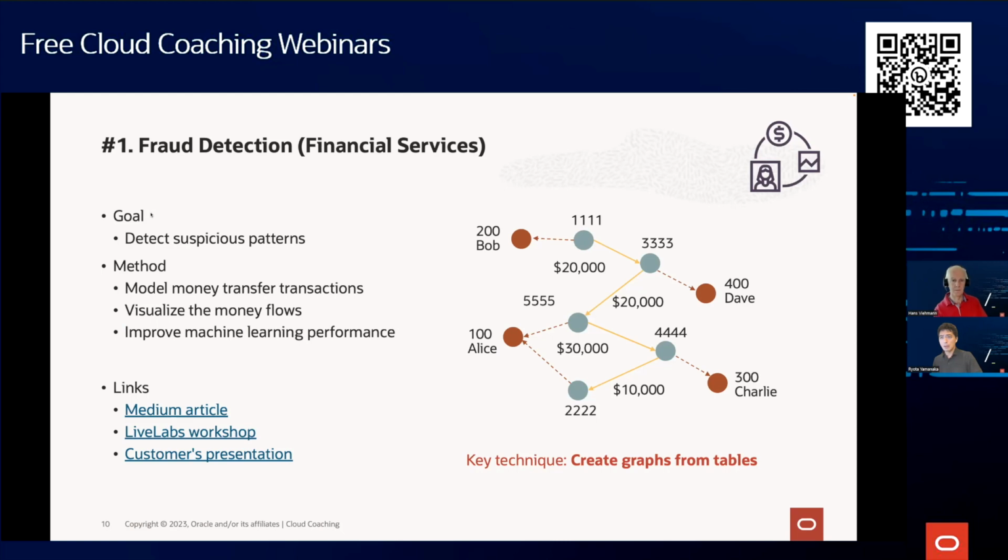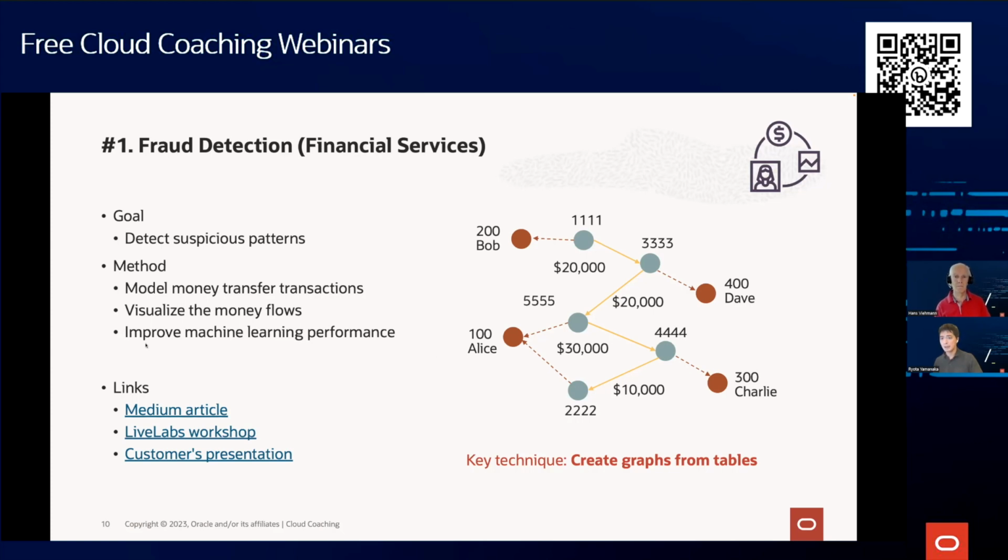The goal for this use case is to detect suspicious patterns from money transfer network. As Hans already discussed, we can model money transfer network in this way and visualize the money flow very well. So this modeling of the money transfer network is very popular for the financial service industry.